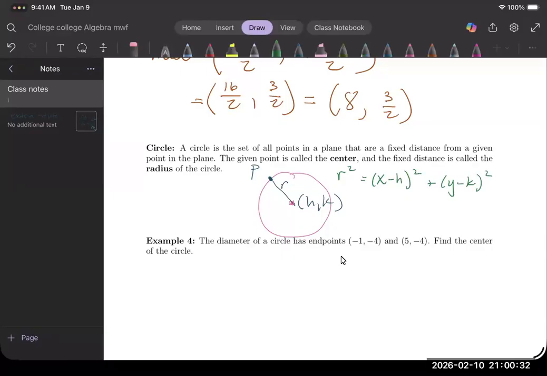Essentially, think of r as your radius, and x comma y as a point on the plane. Then you're really just finding the distance away horizontally and vertically.